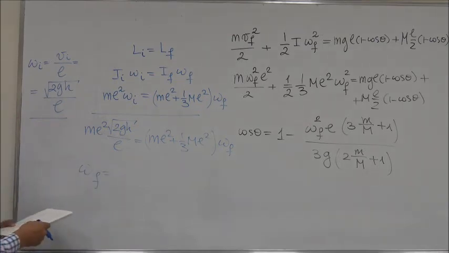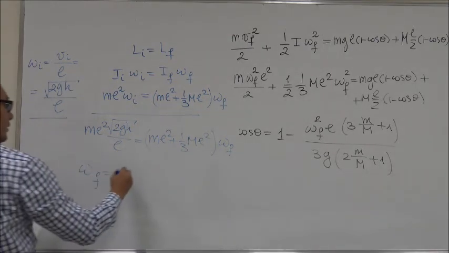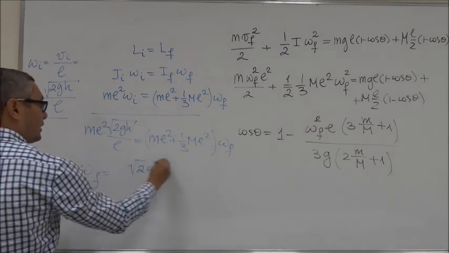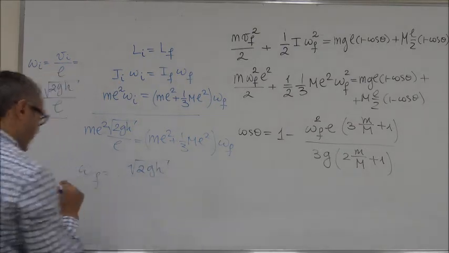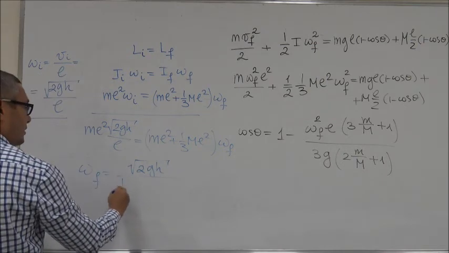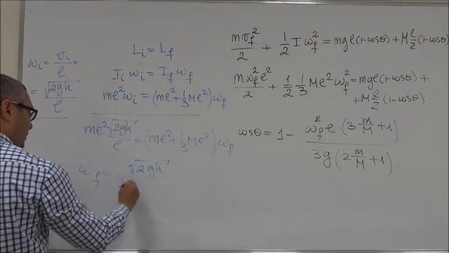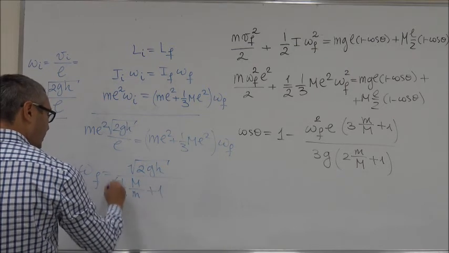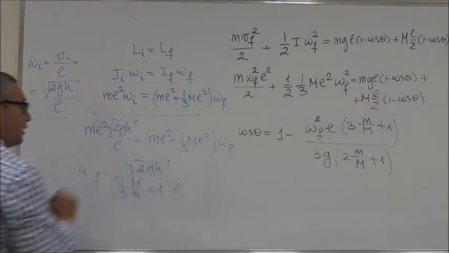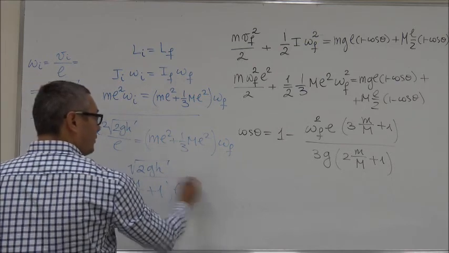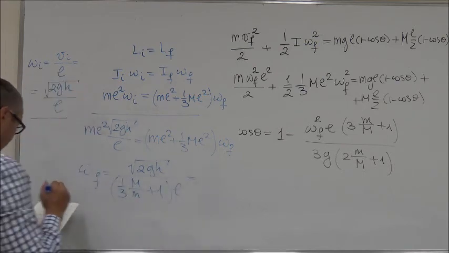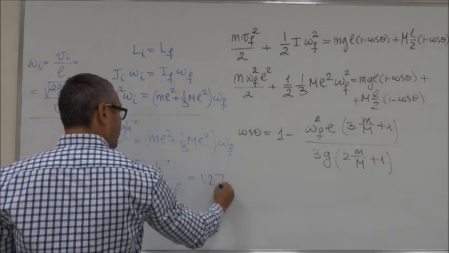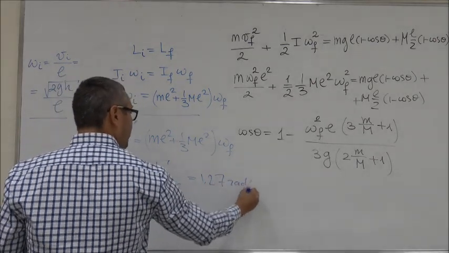Omega final is equal to, again, I'm going to skip a few algebra steps here and I'll just write the final answer. So this is 1 over 3 big M over small m plus 1 times L. If you put the numbers in, you get 1.27 radians per second.